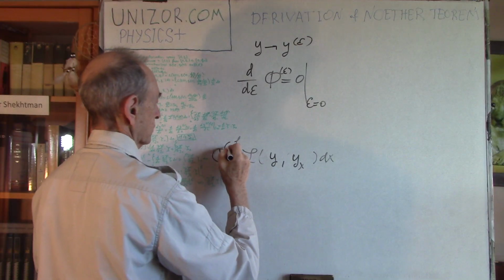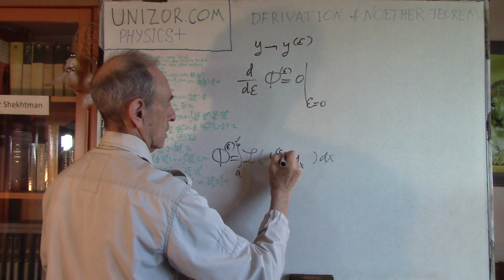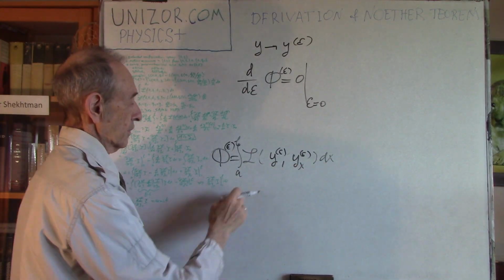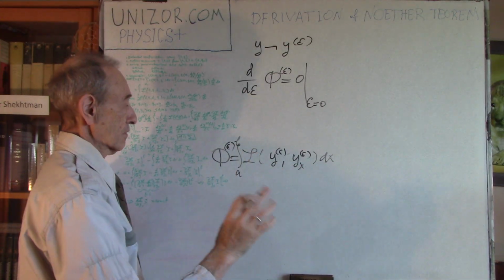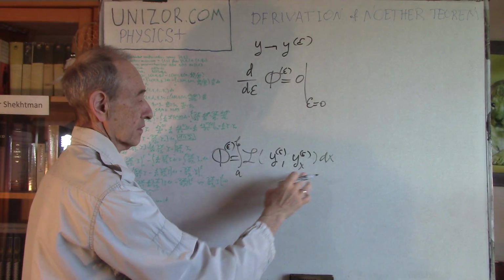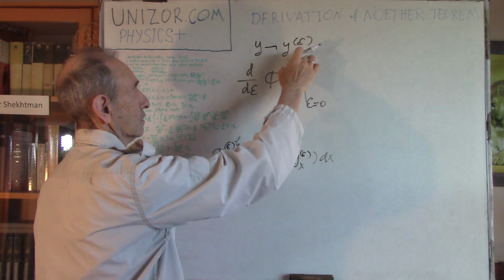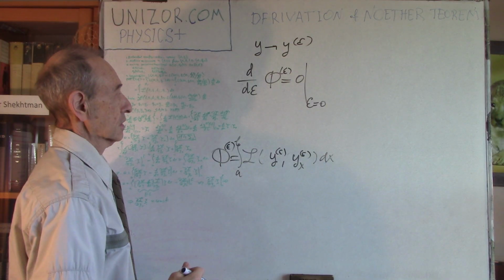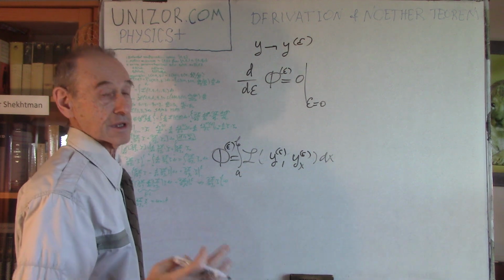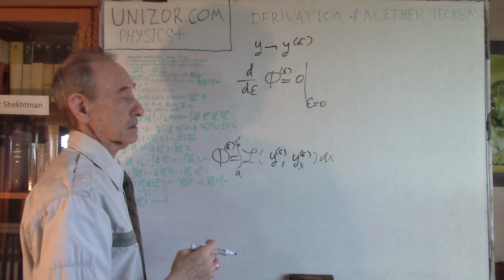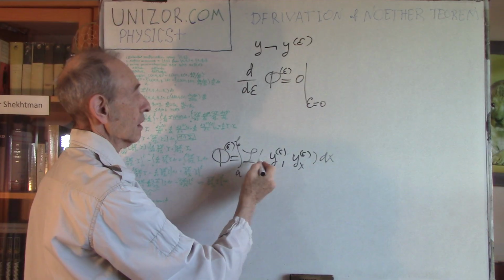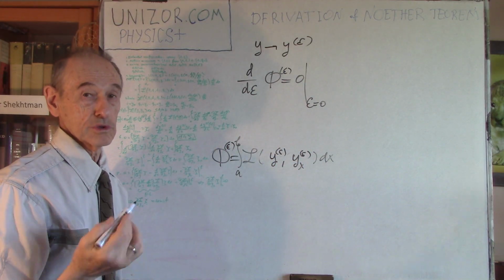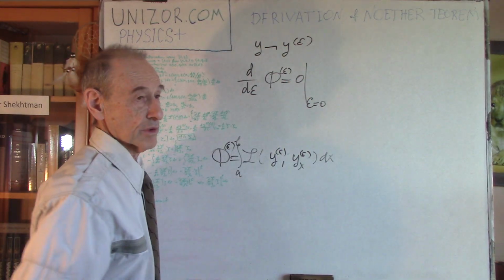So F of epsilon means epsilon here and epsilon here. So these are new values. Limits of integration are the same, that's very important. But under the integral, these things are changing from y to y epsilon, and that changes the action functional. But if I'm saying it's invariant to the epsilon transformation, then it should be constant, and its derivative by epsilon at epsilon equal to 0 is equal to 0, the whole derivative.